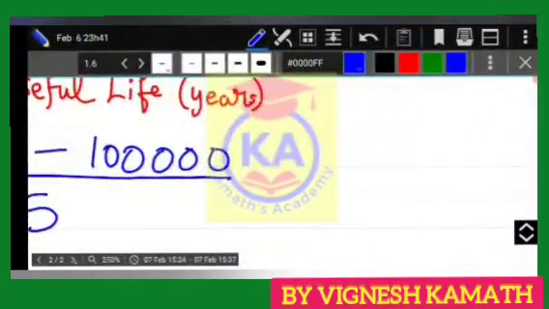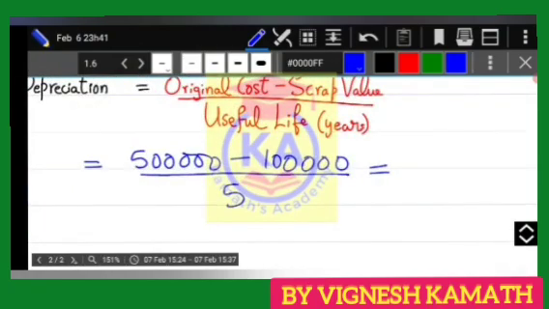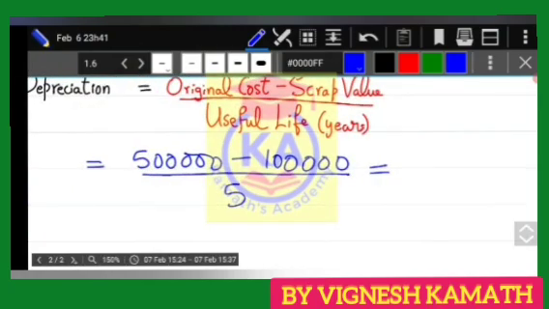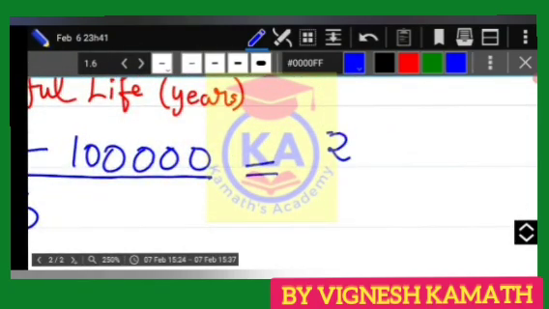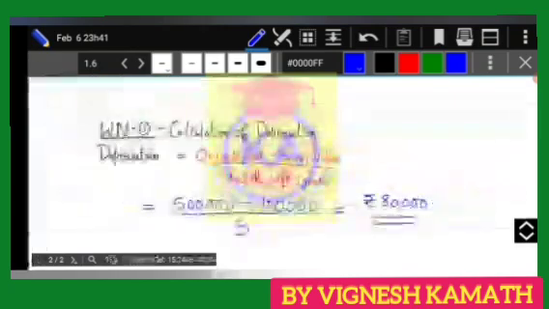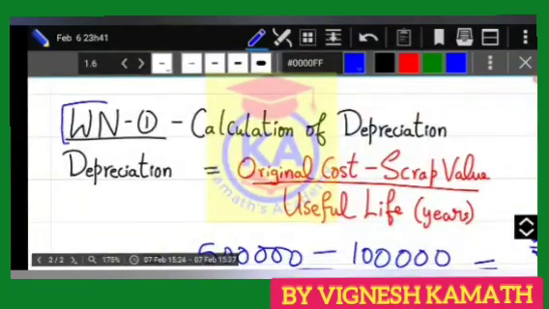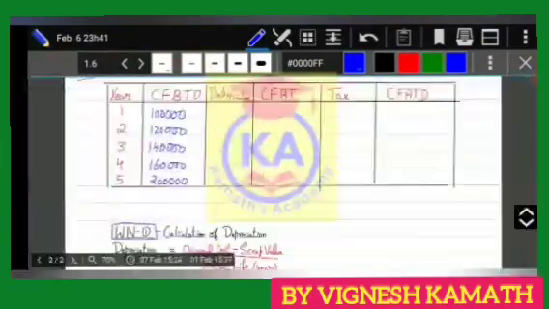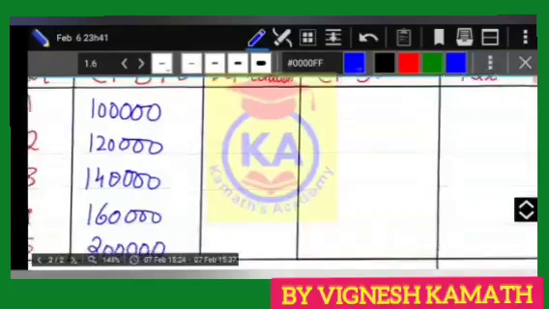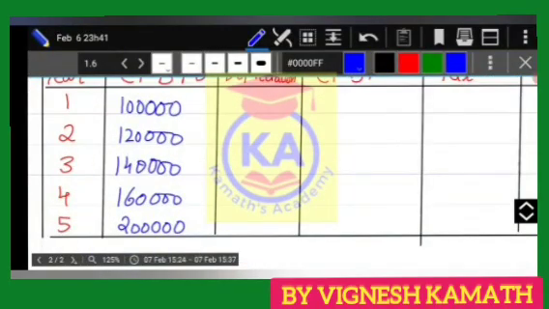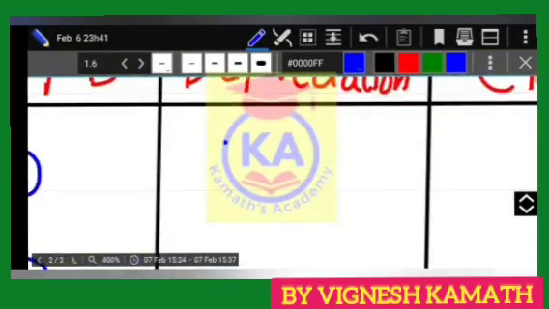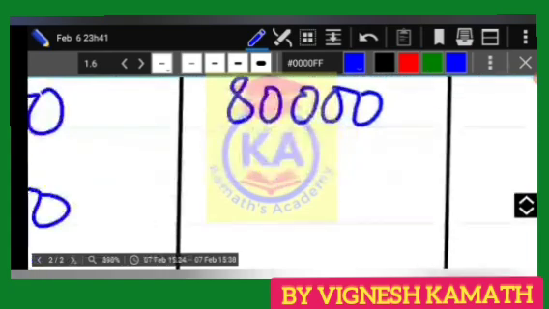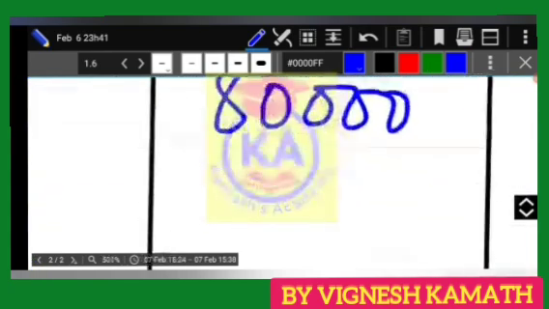Now 5 lakh minus 1 lakh is 4 lakhs. 4 lakhs divided by 5 is 80,000 rupees. 80,000 is the depreciation, so you have to write it under working note number 1, calculation of depreciation. So 80,000 you have to put in the depreciation column. Depreciation remains the same for all the years: 80,000, 80,000, 80,000.